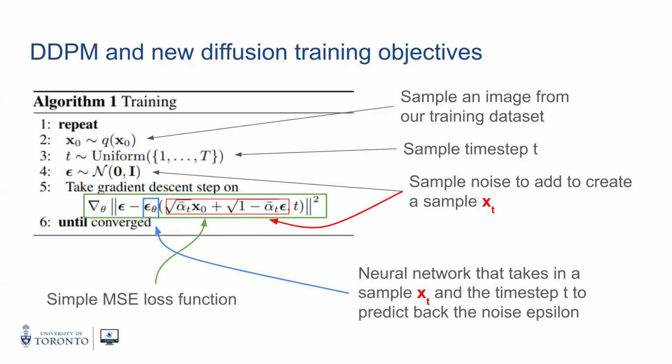KL divergence between what? Distribution of cats and distribution of random ones. Yeah, exactly. So we have some p theta, which we parameterize as a Gaussian. We have some p, and we just want to minimize the KL divergence between the two.